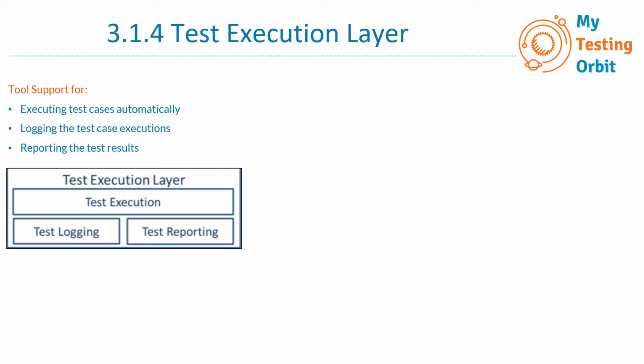So the third one is reporting the test results, which includes details like how many tests passed or failed, how long it took to run the tests, and further details about the status of each test, like how many were executed, how many were not executed, etc. So all the details related to the test execution are covered in test reporting.